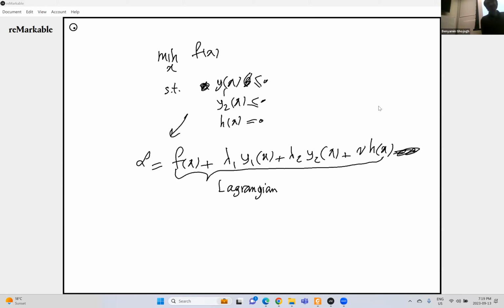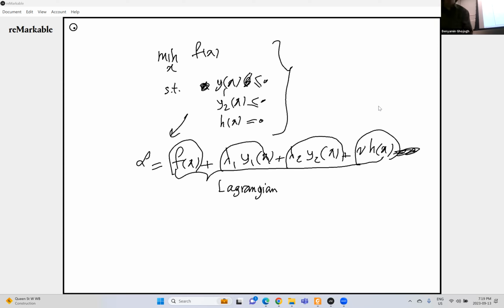So what does the Lagrangian do? The Lagrangian says, you have this complicated optimization problem, don't cry. It's easy to handle. How? Let's make it unconstrained. So I have the cost, and now I add the constraints as soft penalties, with some weights. You can see these weights as regularization parameters.